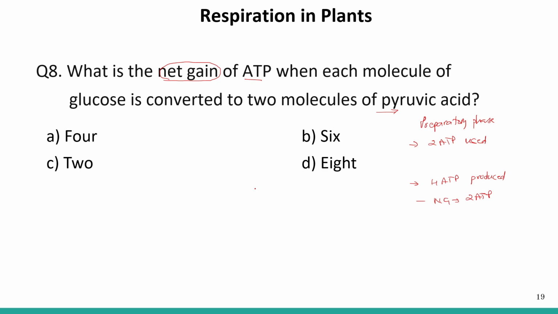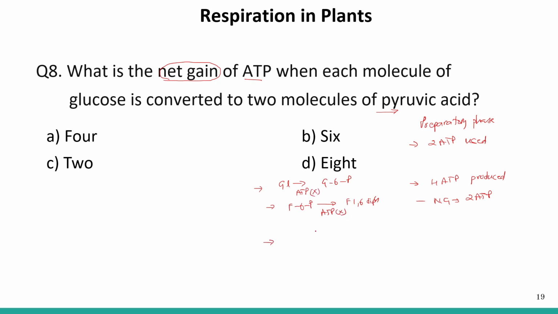Alright. What happens when glucose is converted into glucose 6-phosphate? 1 ATP is used here. Later, when fructose 6-phosphate is converted into fructose 1,6-bisphosphate, again 1 ATP is used. You can write a cross, meaning it is being used.